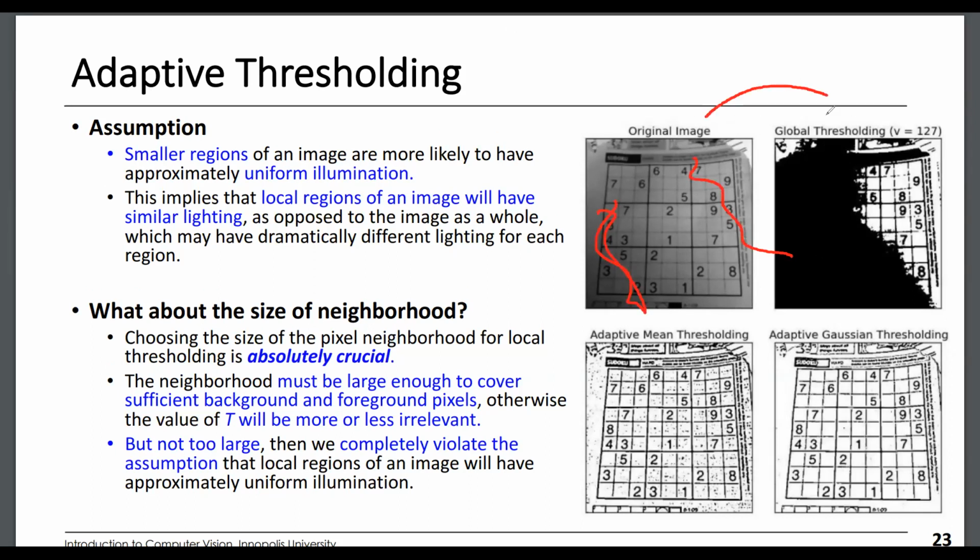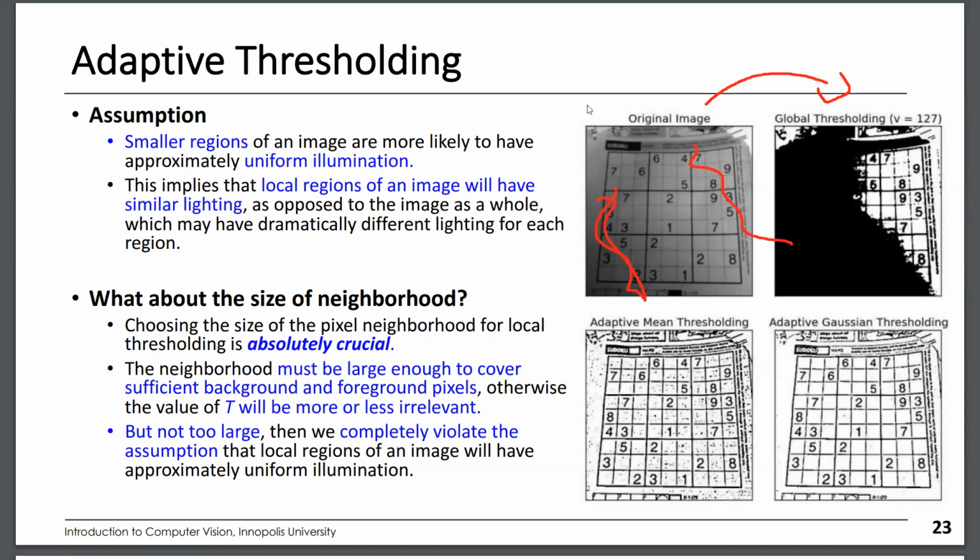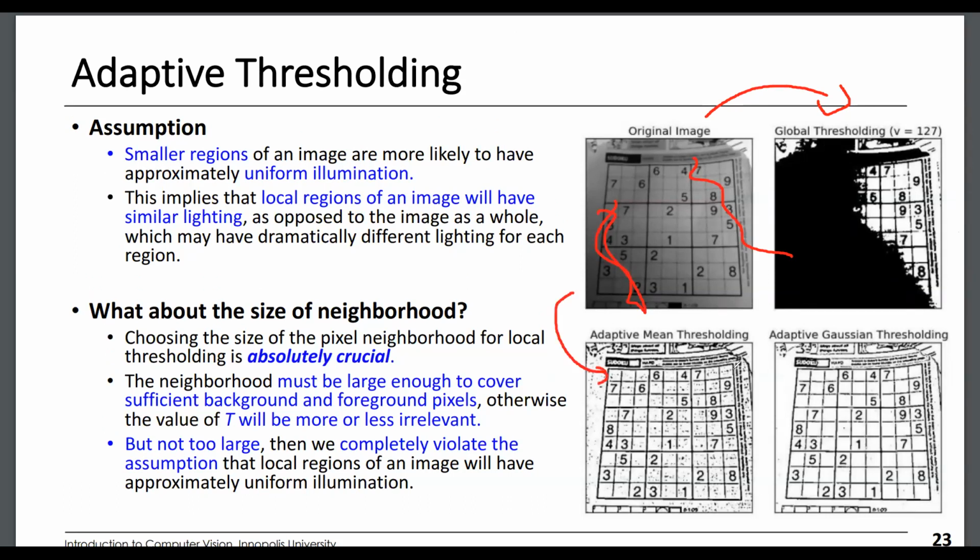So the global thresholding that we have studied before does not work very well, whereas adaptive mean thresholding gives even better results, but as you can see, it's more noisy. If we apply adaptive Gaussian thresholding, we usually tend to get clearer results.